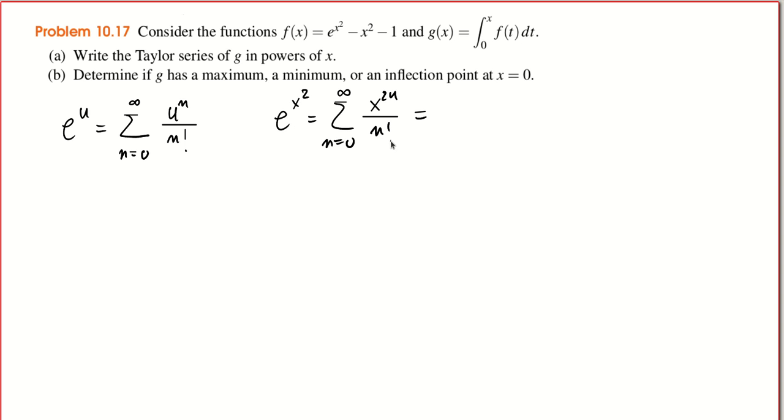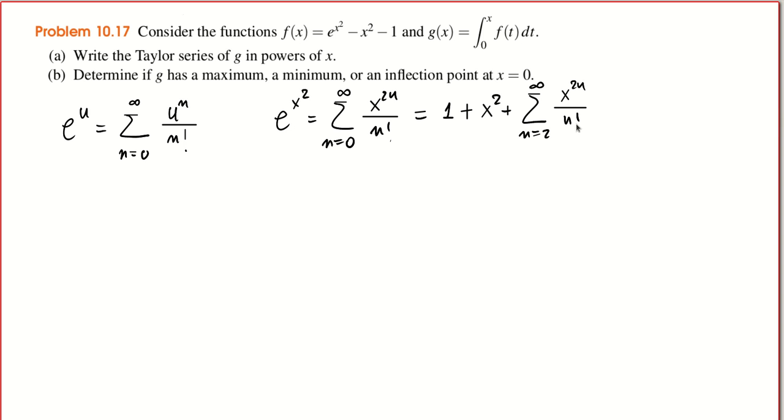And if we now make explicit the first two terms in this sum, n equal to 0 and n equal to 1, for n equal to 0 you have 1 and 1, so it is 1. And for n equal to 1, the denominator is 1, the numerator is x squared. So what you have is this: 1 plus x squared plus the sum from 2 to infinity of x to the 2n over n factorial.